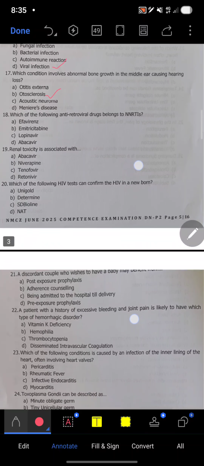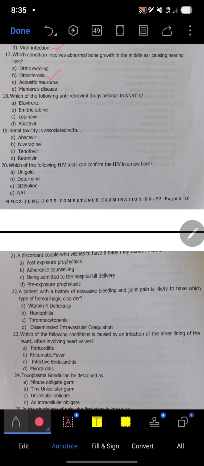Question 18, which of the following antiretroviral drugs belong to the non-nucleoside reverse transcriptase inhibitors? And the correct answer is A, which is efavirenz. Question 19, renal toxicity is associated with. The correct answer is C, which is tenofovir.